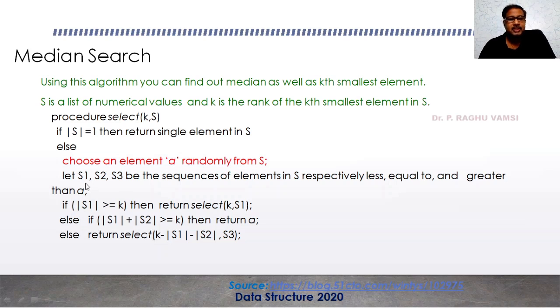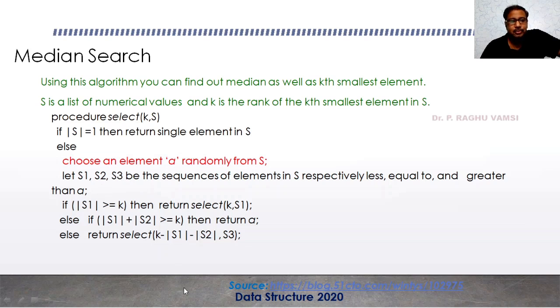If the length of subset S1 is greater than the median that we are going to search, then return select of K comma, and apply the median search on S1, that is subset 1. Else if the length of S1 plus S2 is greater than or equal to K, then return the randomly chosen element. Else return select of K minus S1 minus S2, and recursively apply this median search on the third subset, that is S3.